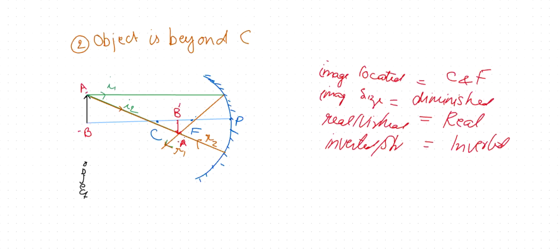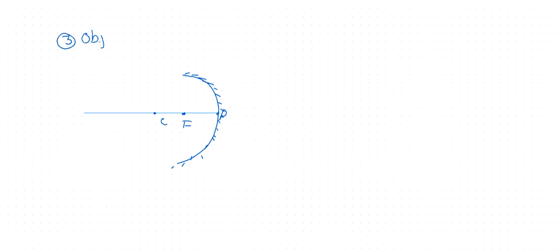Okay, so now let's move on to the third case. Okay, kids, our third case is the object is at the center of curvature, at C. So this is C on the mirror, right? So the object is placed here itself.